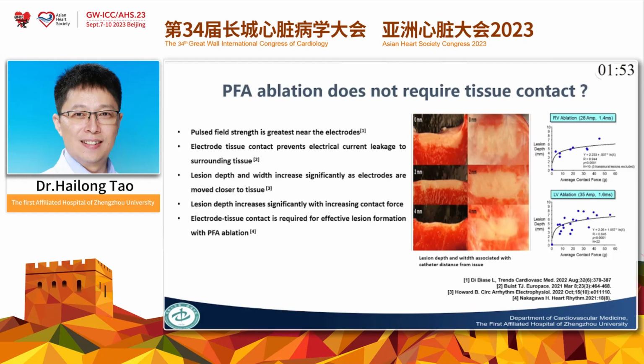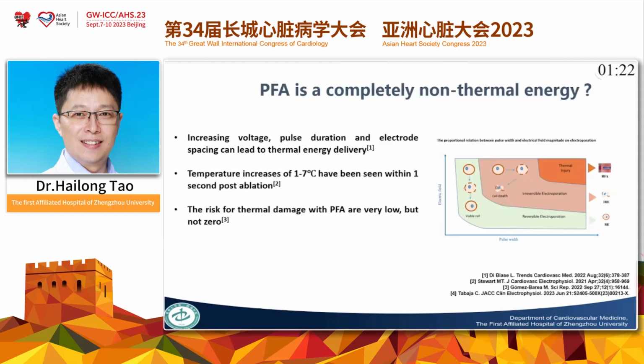Lesion depth increases significantly with increasing contact force. So if the contact force is good, the lesion depth and width are also good for this attempt. Electrode tissue contact is required for effective lesion formation with PFA application. I know that for the next generation of PFA catheters, the catheter may contain some sensors to measure the contact force.